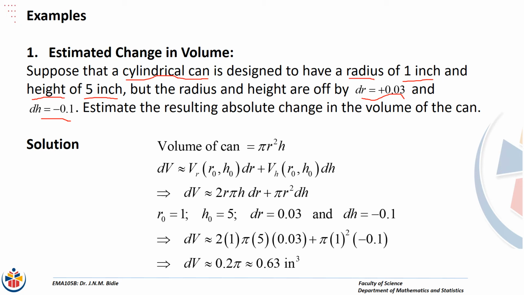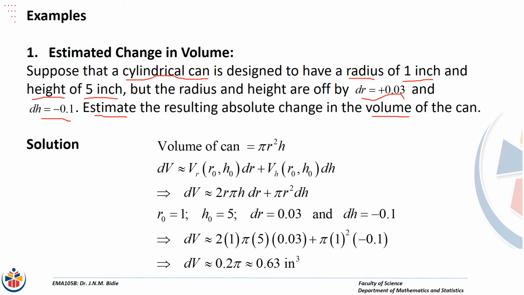Now they are saying here, estimate the resulting absolute change in the volume, in the whole volume of the can. These errors in measurements, what have they done to the volume?